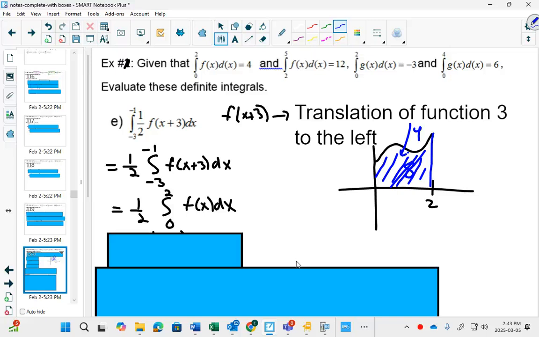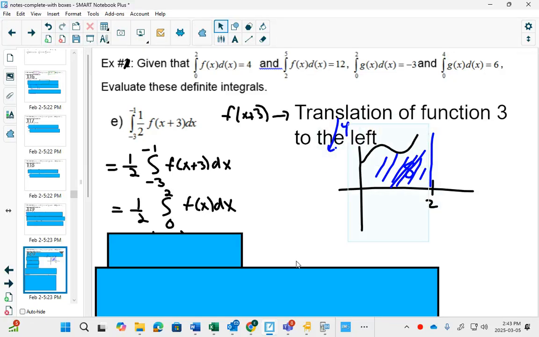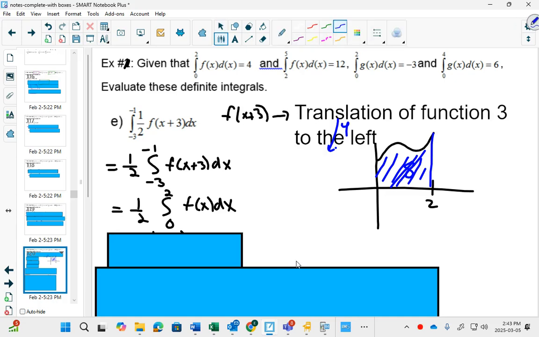Now, f of x plus 3 just says you take this original thing and move it, all of it, 3 to the right. Does the area under here change when I move it? No, it's still going to have an area of 4.